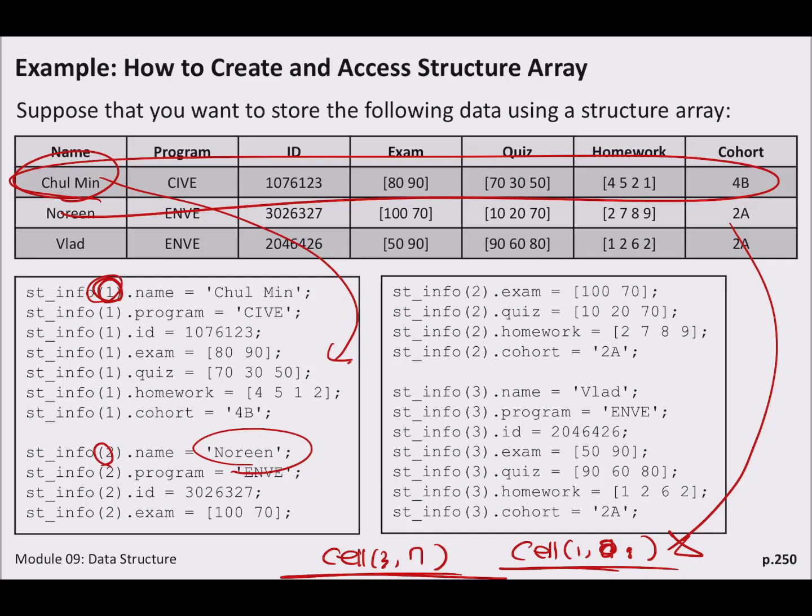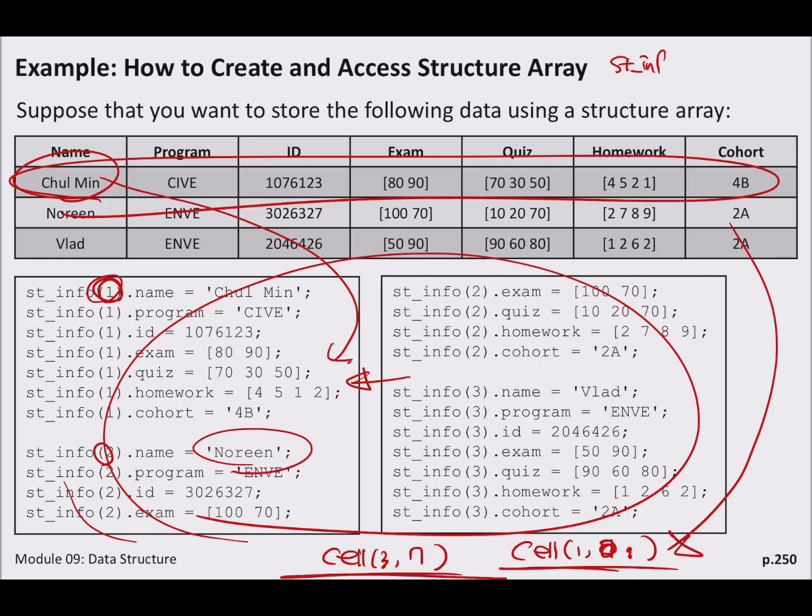Here, we store all these values in this structure array. So what is the Chalmers ID? That is the student info, first one, and ID. That is the Chalmers ID. What about the Chalmers second homework grade?